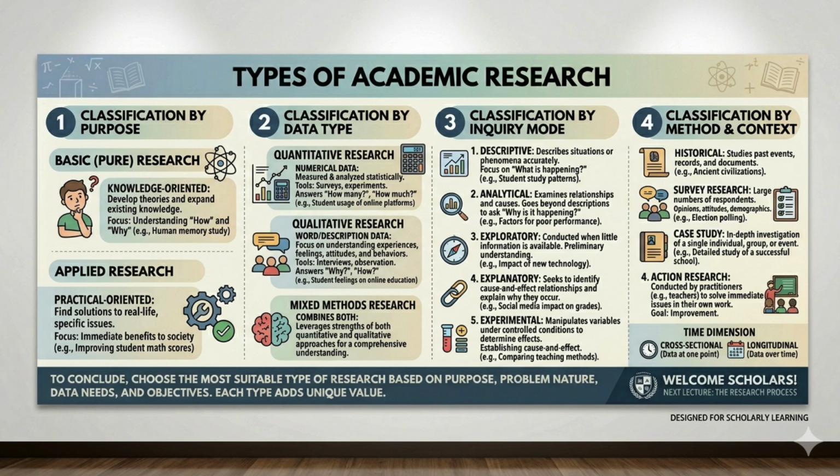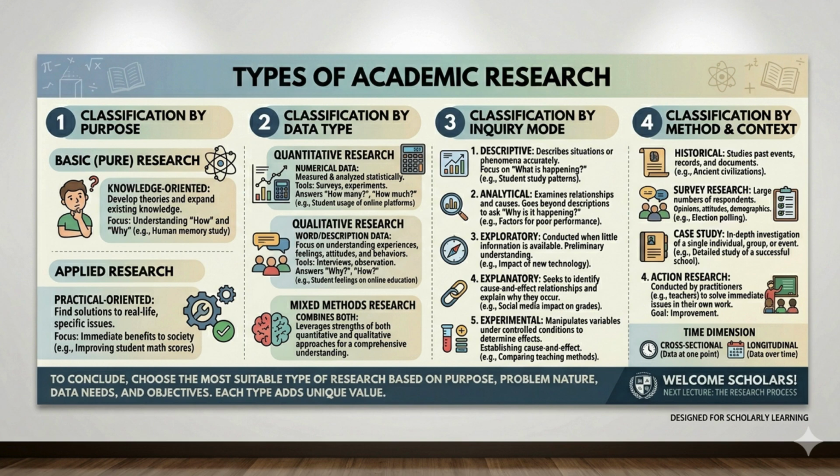Another common type is historical research. This involves studying past events, documents, records, and historical evidence to understand historical developments and their significance. Historians often analyze letters, government documents, newspapers, and archives to reconstruct past events and draw conclusions.